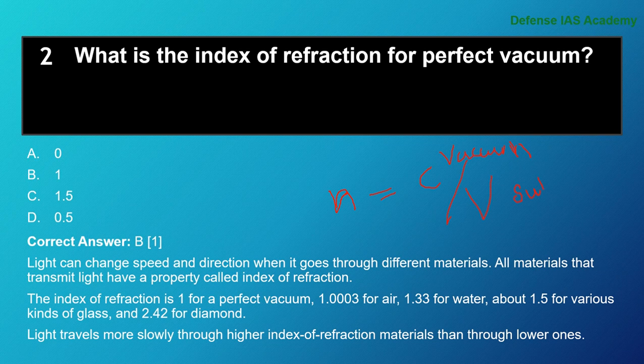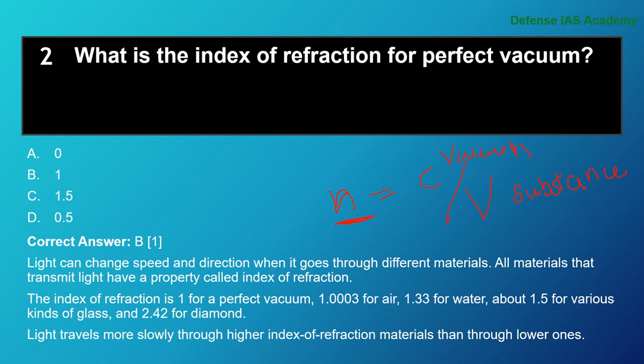So the ratio between the velocity of light in vacuum and the velocity of light in a substance or medium is called the refractive index N. The index of refraction for a perfect vacuum is 1, for air it is 1.0003, for water it is 1.33, for various kinds of glasses it is about 1.5, and for diamond it is 2.42.